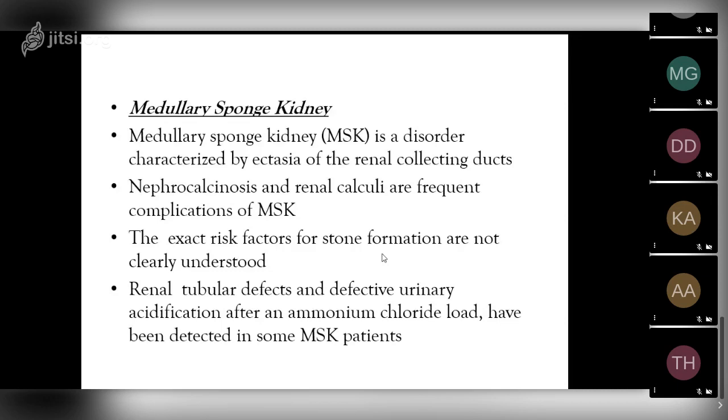The exact risk factors for stone formation are not clearly understood in medullary sponge kidney, but renal tubular defects and defective urinary acidification after ammonium chloride load have been detected in some medullary sponge kidney patients.